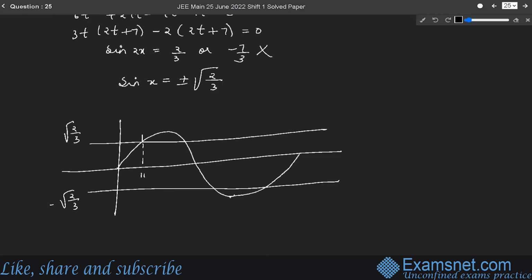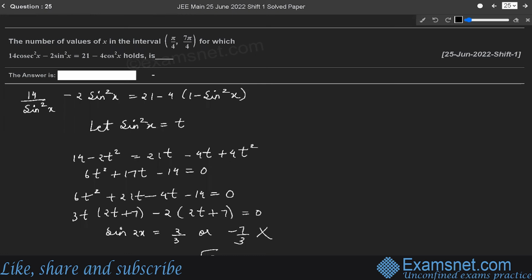This point will be pi by 4. This is pi. Again, this point will be 2 pi and this is 7 pi by 4. Therefore, we can say that the value of x for which this expression holds is 4. Hence, we can say that the correct answer for this question is 4.